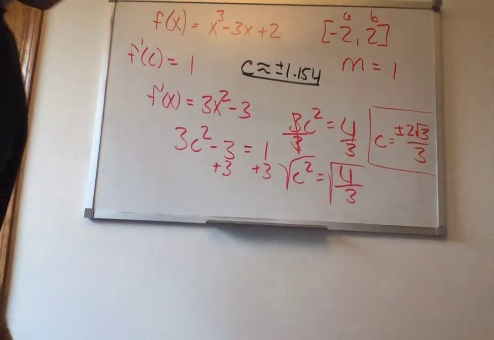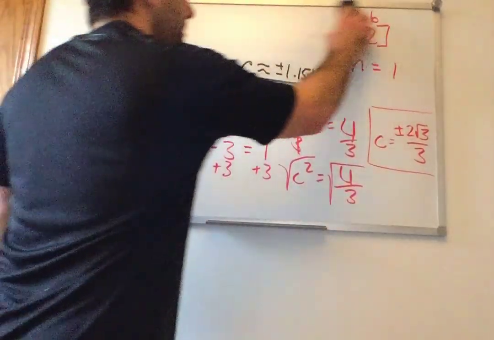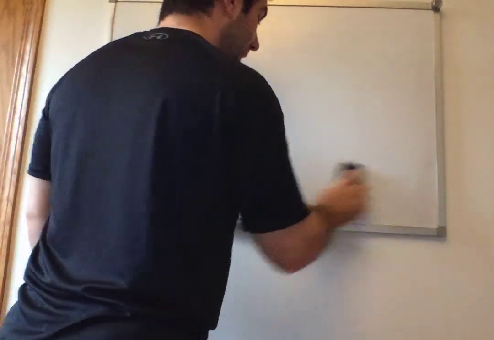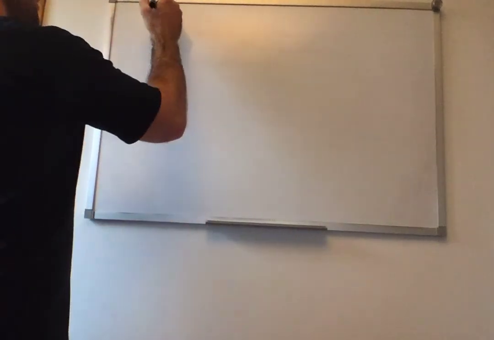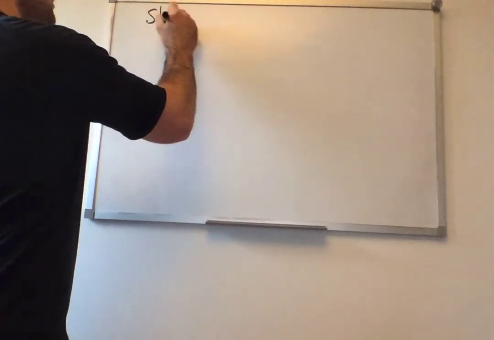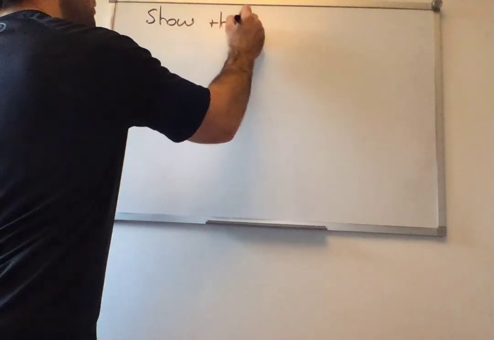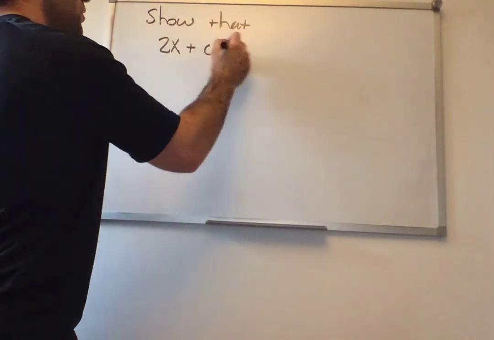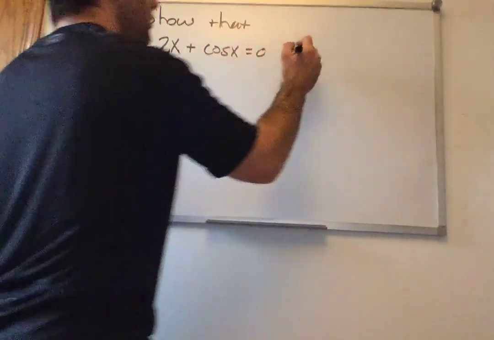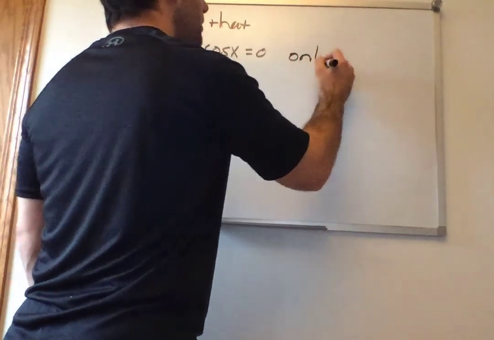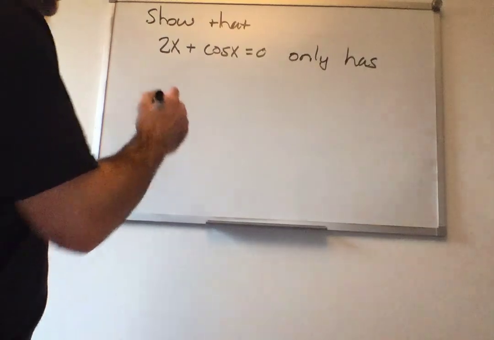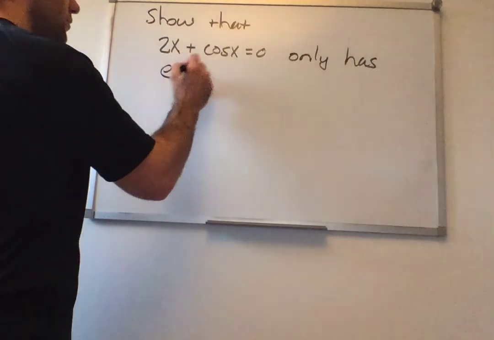Okay, so now we're going to do a different example. Show that 2x plus cosine x equals 0 has exactly one real root.